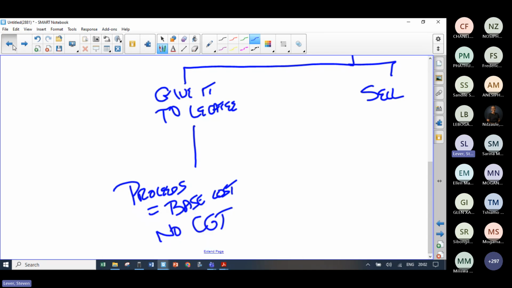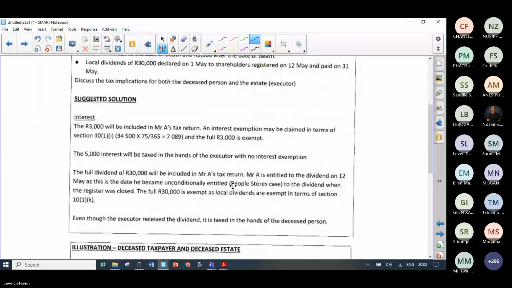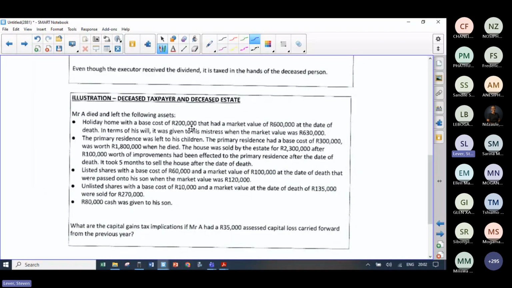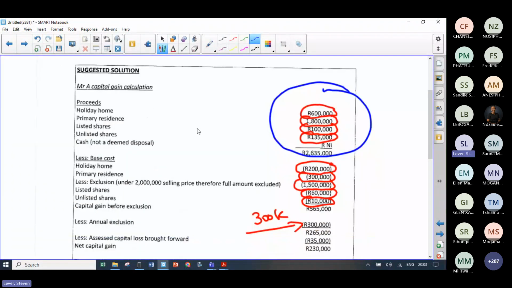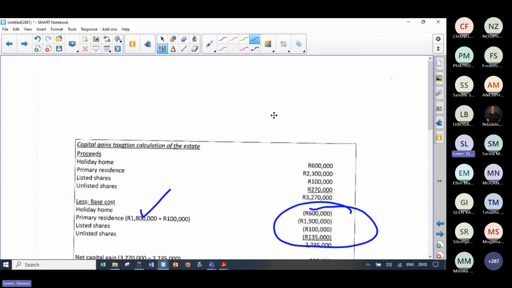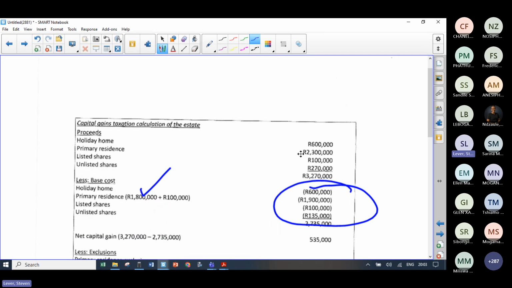So let's just go back to this question. It says here, holiday home. It says in terms of the will, it was given to his mistress when the market value was 630. Because it's given to a legatee, guys, what happens in the solution? There's no capital gain or loss. 600 is in your cost. 600 is in your proceeds.